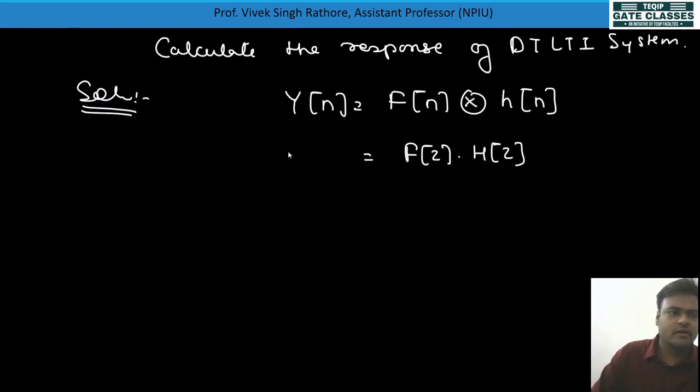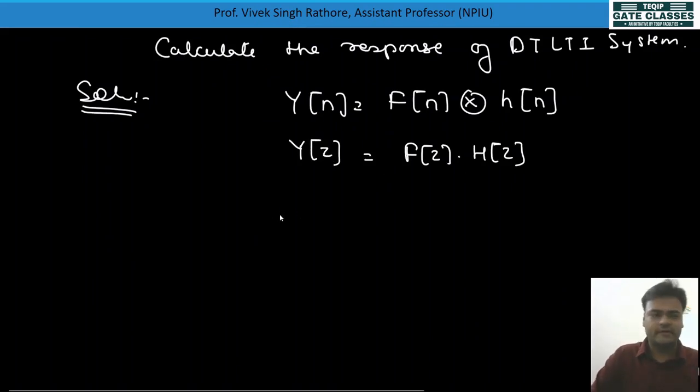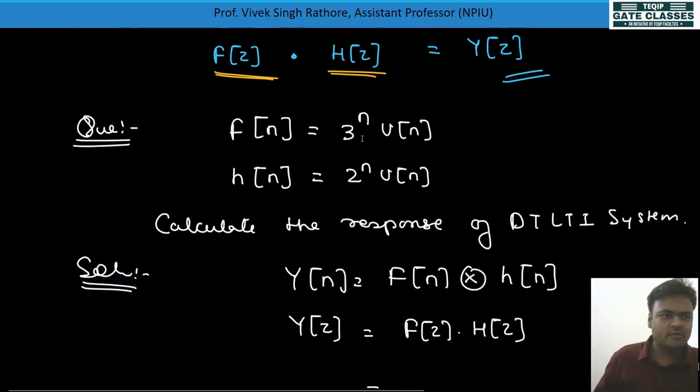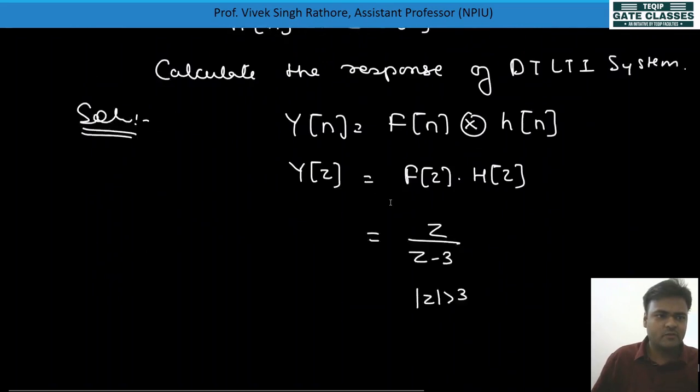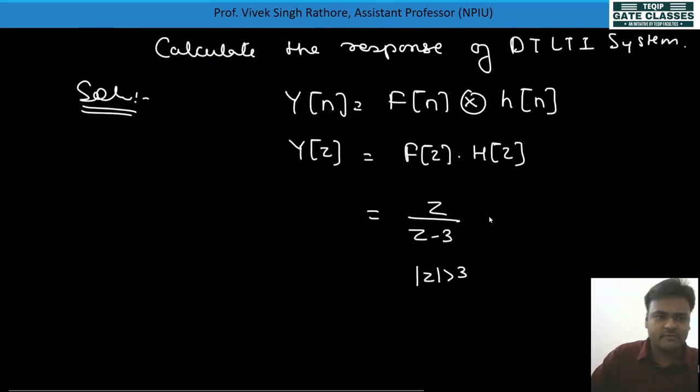We'll get y of z, and then we can take the inverse Z transform to get y of n. So what will be f of z? Can you calculate? 3 to the power n u of n is z by z minus 3 with mod z greater than 3. And 2 to the power n u of n is z by z minus 2, and mod z is greater than 2.